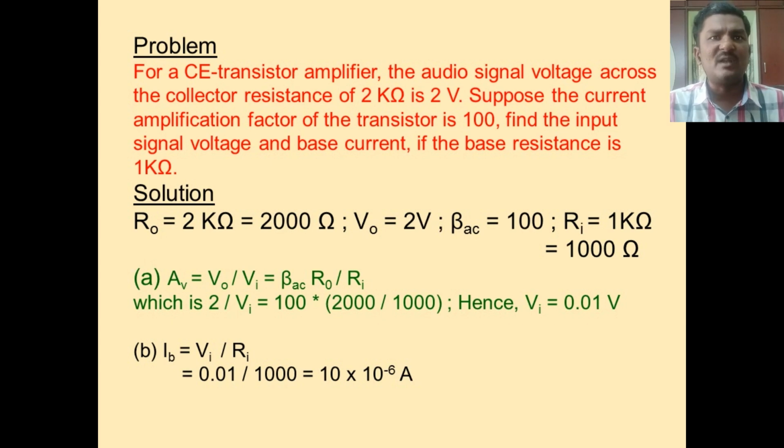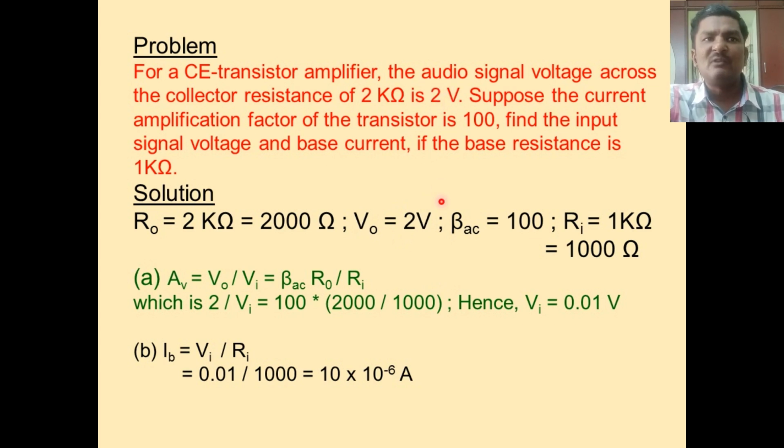Find the input signal voltage and base current if the base resistance is 1 kilo ohm. Here collector resistance RC or RL is 2 kilo ohm, 2000 ohms, and output voltage is given as 2 volts. Beta is given as 100 and input resistance is given as 1 kilo ohm, that is base resistance 1 kilo ohm.